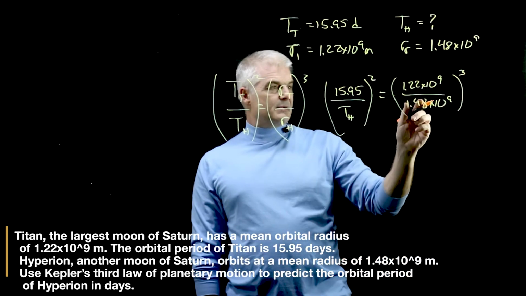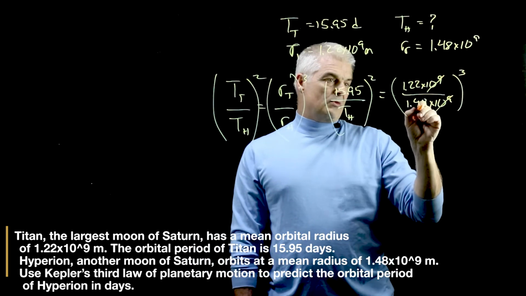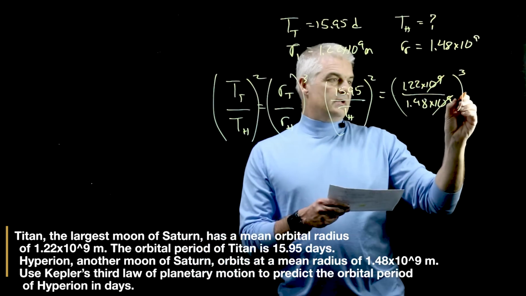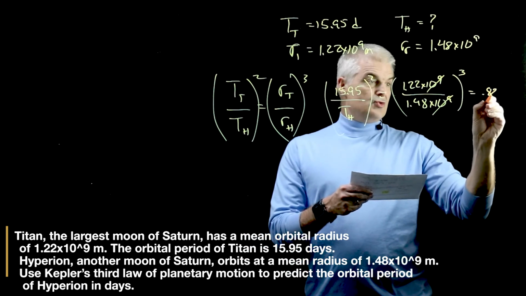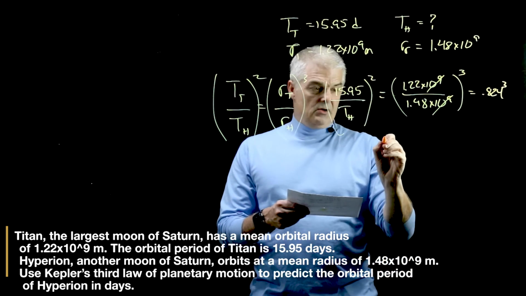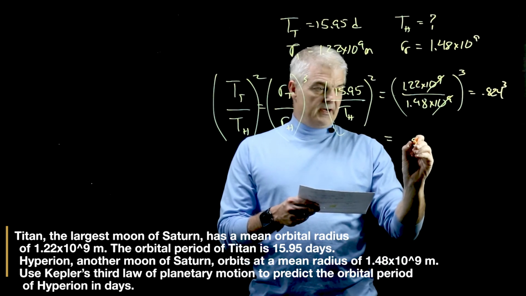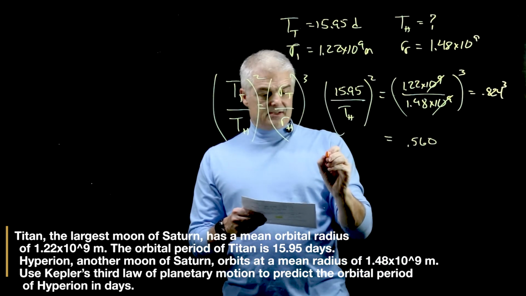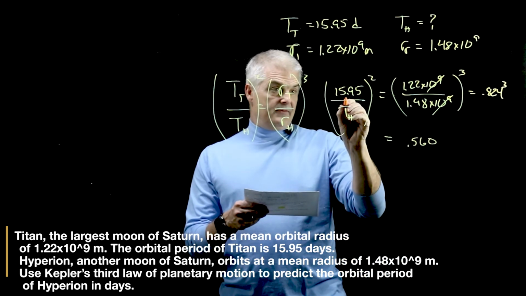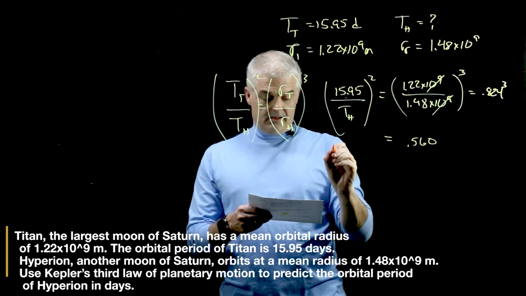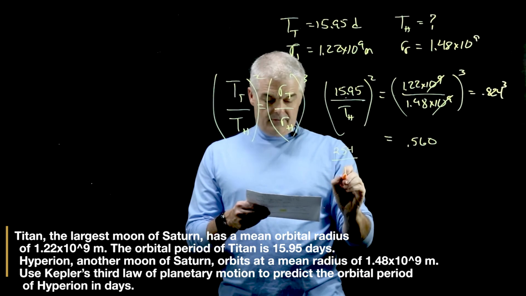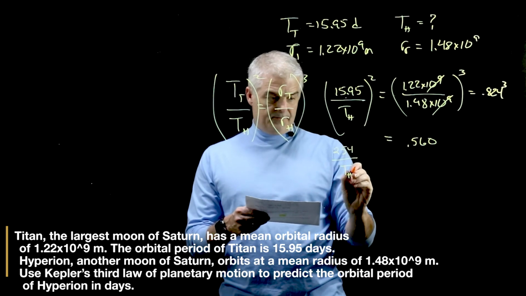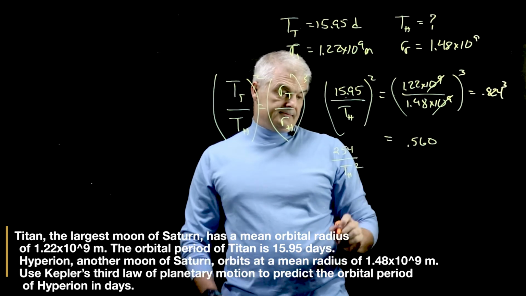So we can take this, now by the way the 10 to the 9th will cancel, so it's 1.22 over 1.48, and that becomes 0.824 cubed, which comes out to be 0.560, and that's equal to 15.95 squared, I'm doing this real fast I know, is 254 over T_H squared.